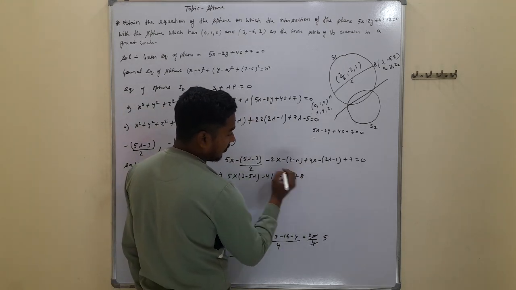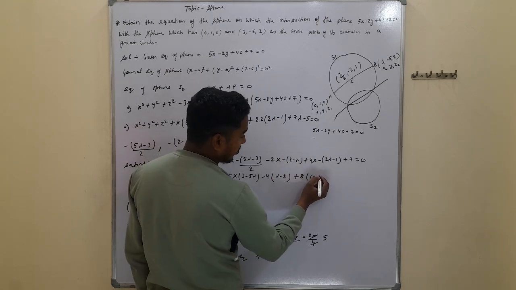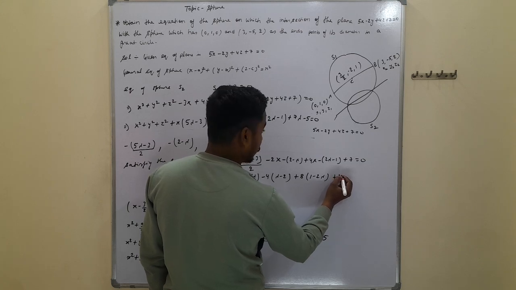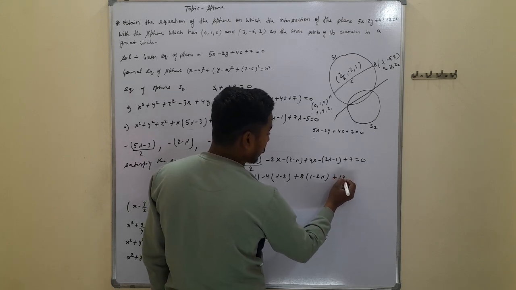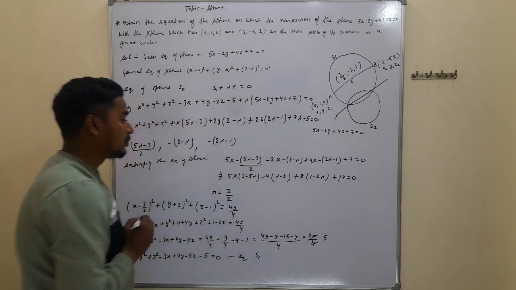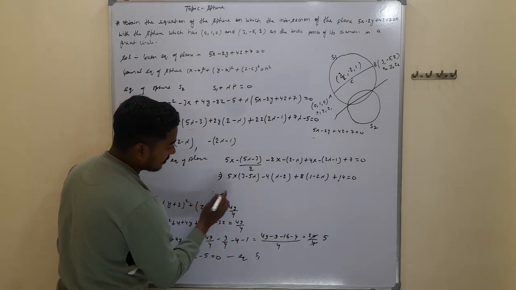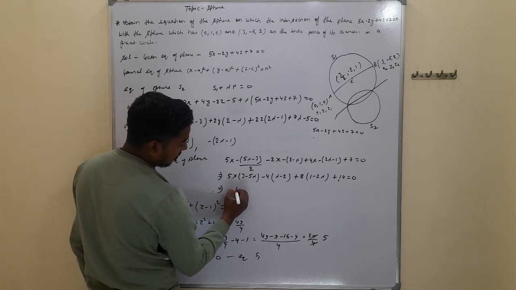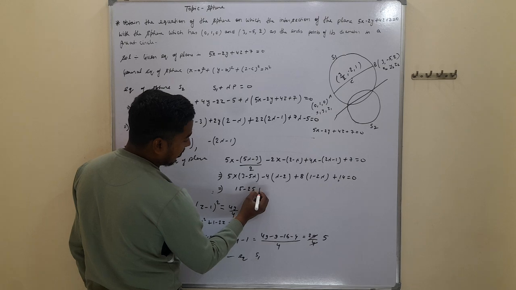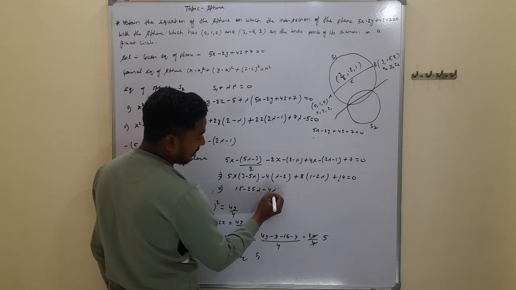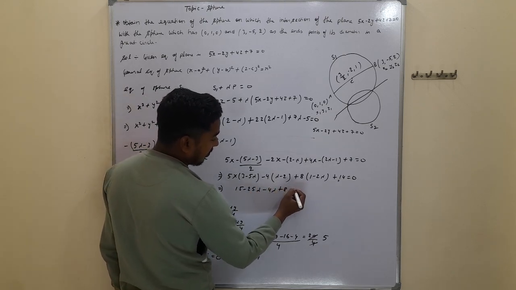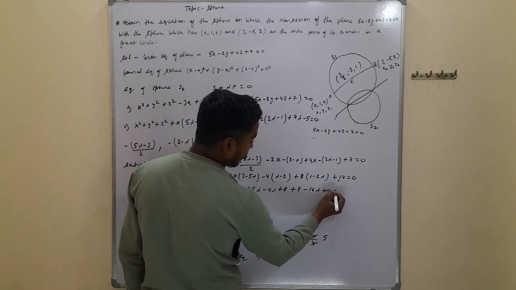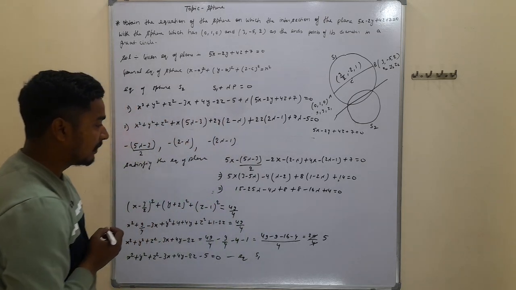This gives plus 8, and here 1 minus 2 lambda, and plus 20, plus 14 is equal to 0, and we have to solve. We get 5 3s are 15 minus 25 lambda minus 4 lambda, plus 8, plus 8 minus 16 lambda plus 14 is equal to 0. And from here we have to get the value of lambda.